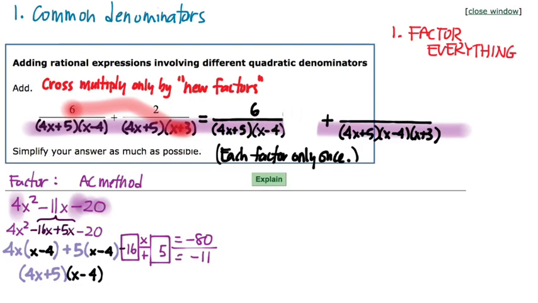So when you cross-multiply, only cross-multiply by things that are new to the numerator that you're multiplying. So when I multiply the 6, I'm going to multiply it by x plus 3 only, and not by also 4x plus 5. Put another way, what did we do to get from this first fraction to the first fraction after the equal sign? What's the difference between the denominators?